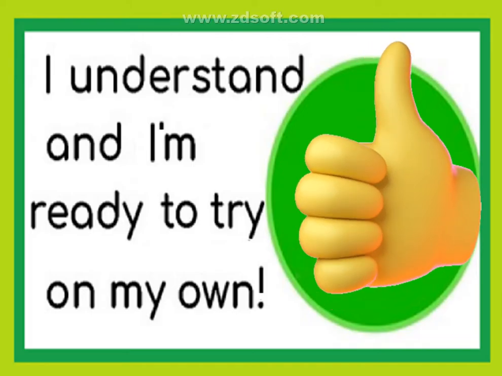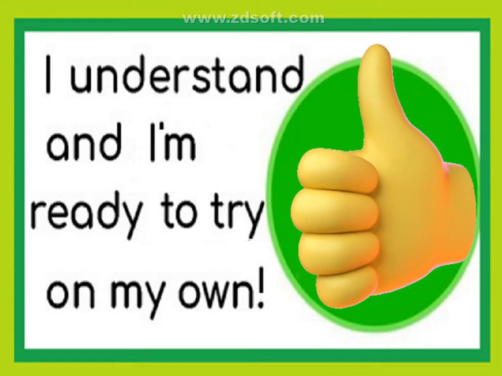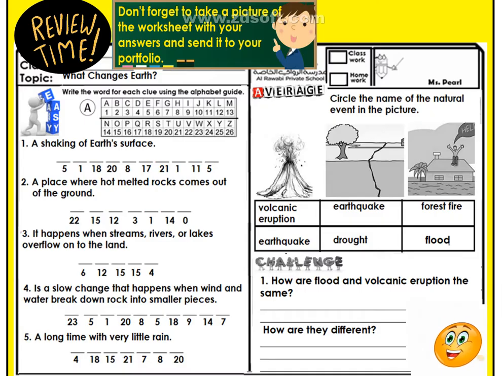Now I think you can answer this on your own. Review time. Let's answer the easy part. Write the word for each clue using the alphabet guide. We have 1, 2, 3, 4, 5. Take your time. I know you can do this.